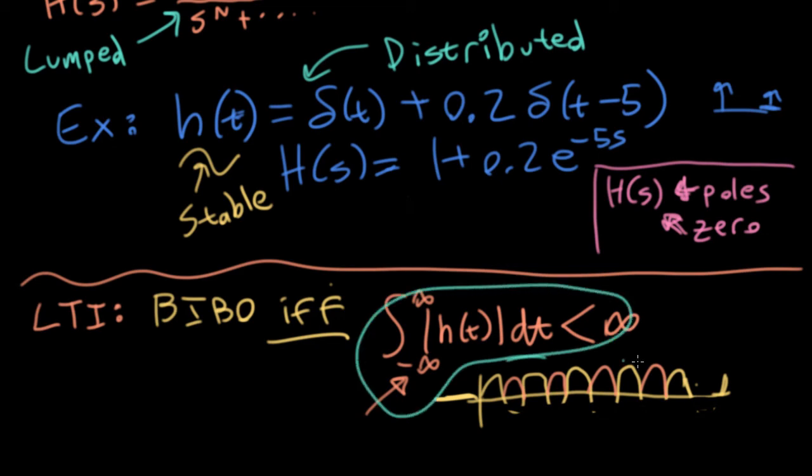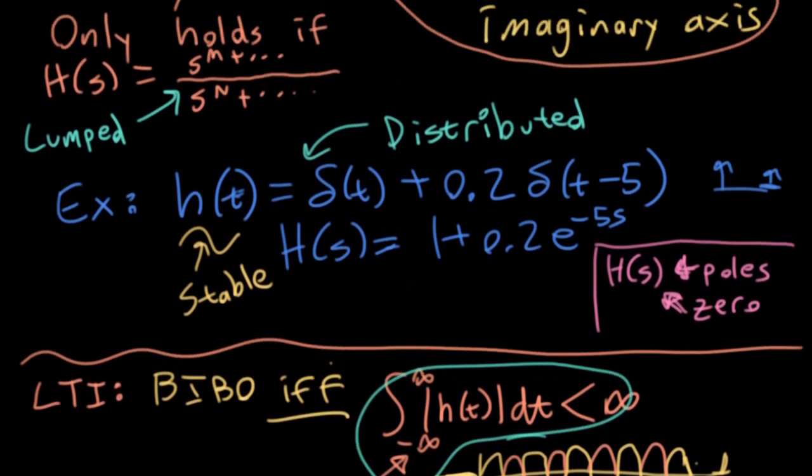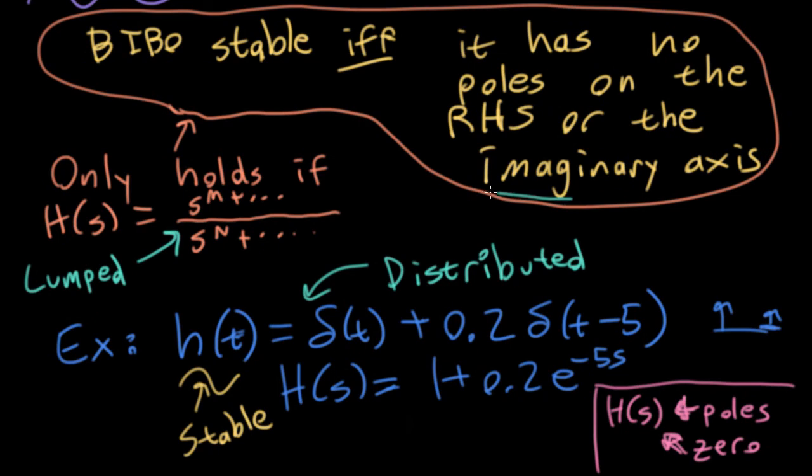And if we wanted to get more into details, we can show how this generic definition, in the case of one of these ratio of polynomials, corresponds to this sort of characterization via poles. So BIBO stability is a general concept.